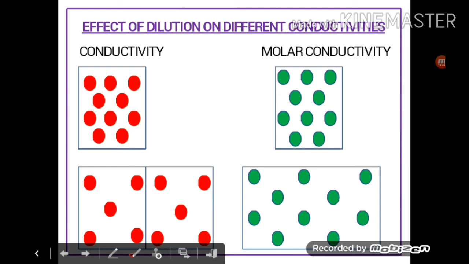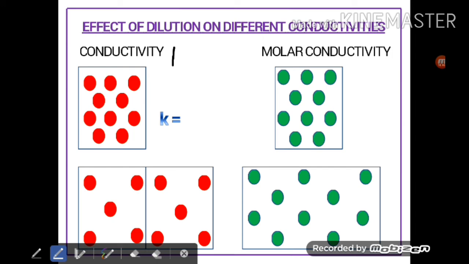Now see, after the effect of dilution on different conductivities, we will see the relation between conductivity and molar conductivity. Conductivity is denoted as kappa, and molar conductivity is denoted as lambda m.